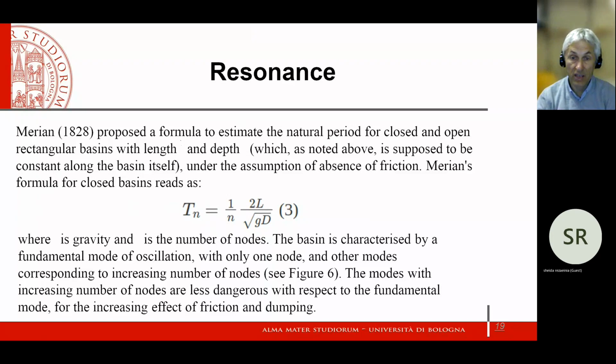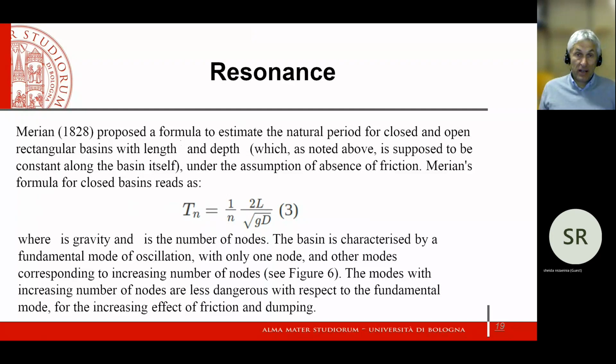And this is the wave celerity. So if you divide the length of the basin, of the harbor, by the celerity of the wave, you obtain the time taken by the wave to go forth and back.